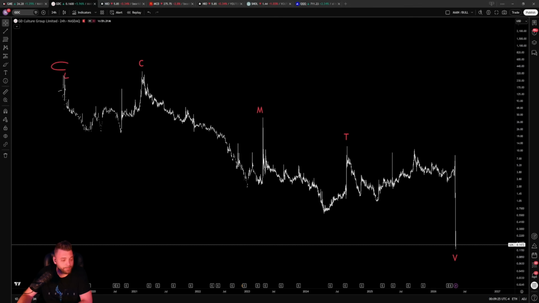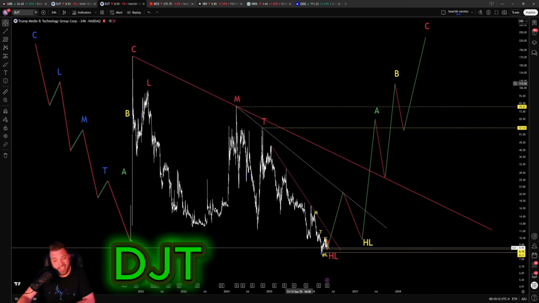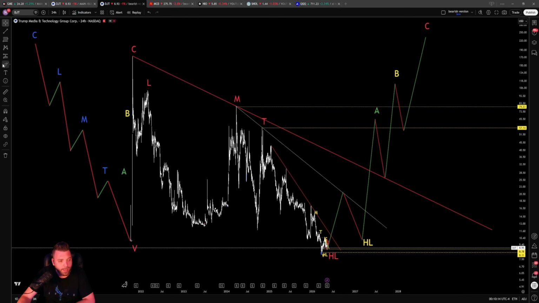Next one is DJT. So for DJT, again, whole story today. It started its IPO, in my opinion, in the higher low after the V, and then just one candle up to its peak without an A or B pullback.